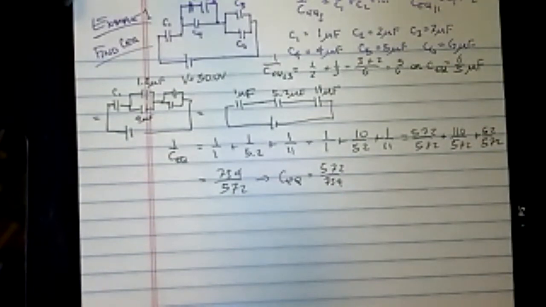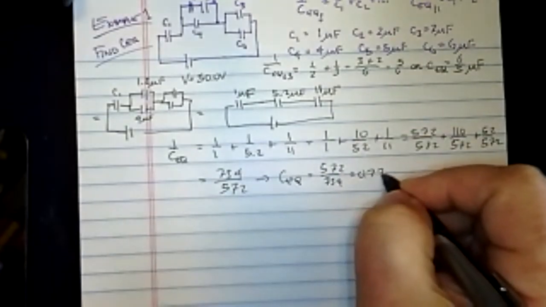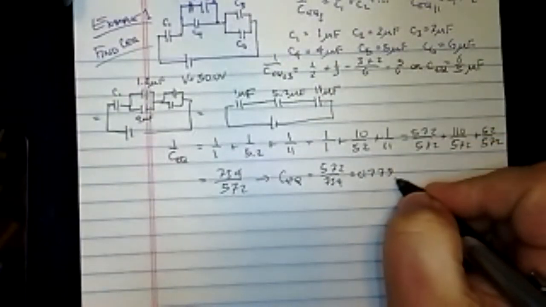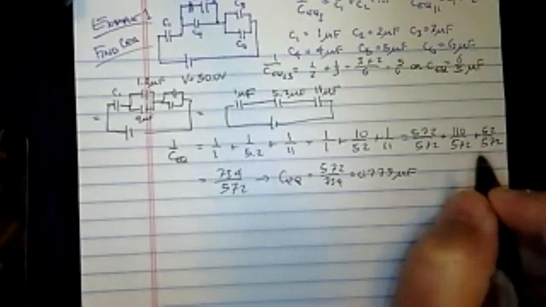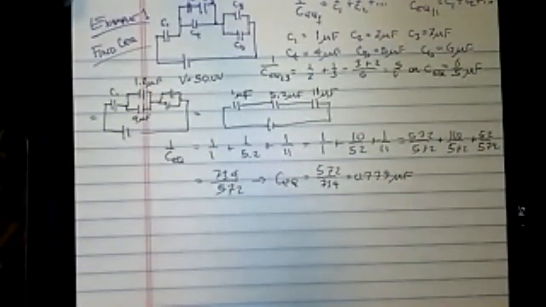Now here's where I'm going to try and make sure that that's right. 572 divided by 734 gives me 0.779 microfarads. Now I'm going to try with these original fractions just to make sure this is right.